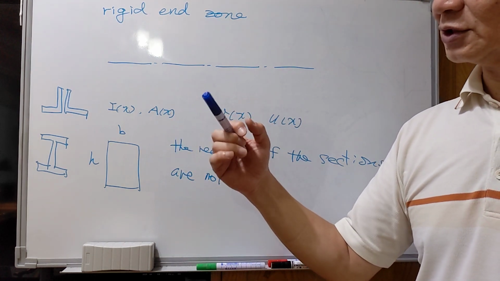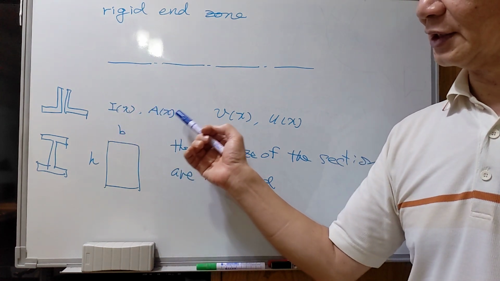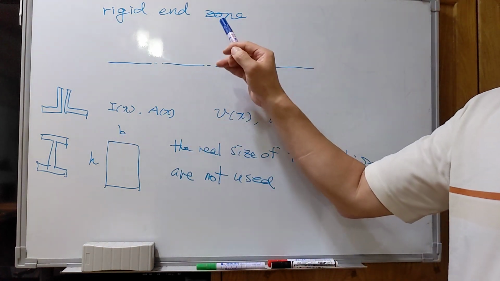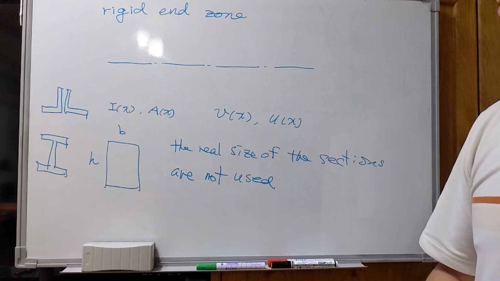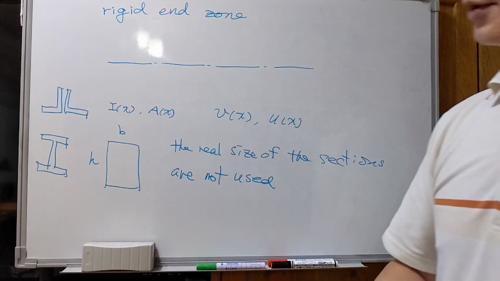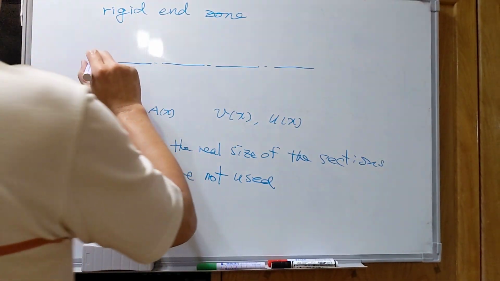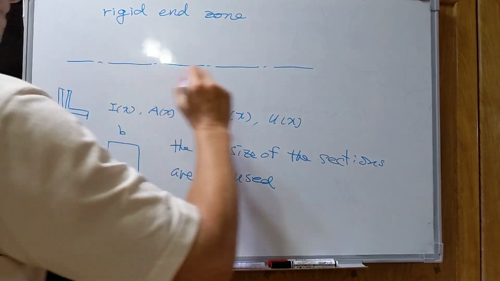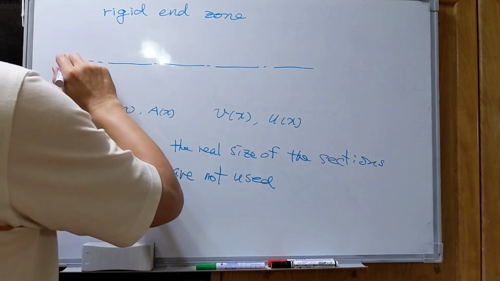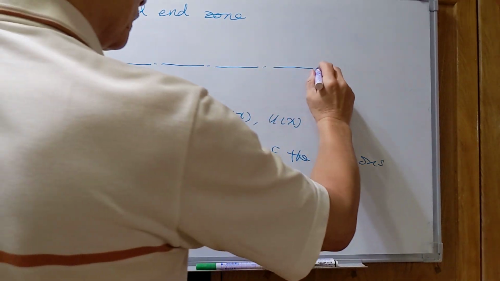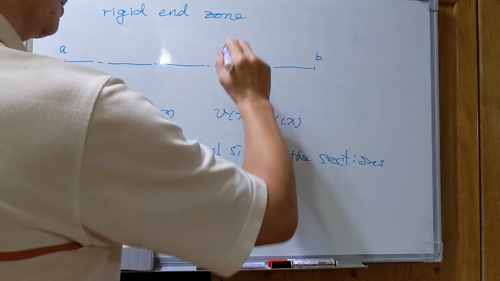After the users calculate these two, we can input them to the program. So in the program, we consider the center line, and the center line is defined from node A to node J.